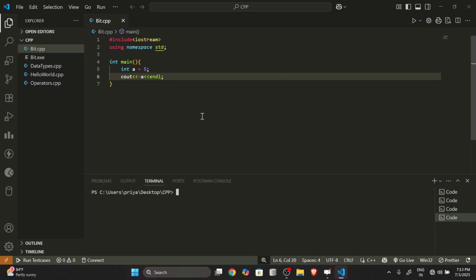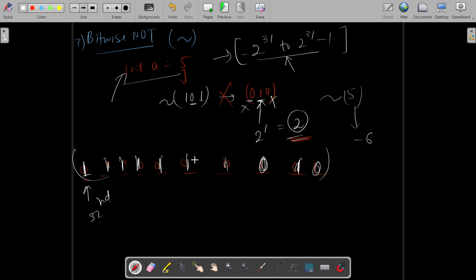So why is this? This is going to be a pretty complex thing for a beginner, so let me explain by taking an example of an unsigned integer. Unsigned integer we denote this way: unsigned int a, x, let's say we take it as 1. An unsigned integer lies between 0 to 2 raised to power 32 minus 1.